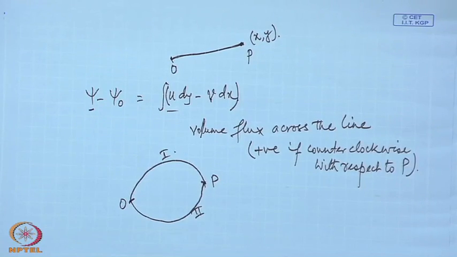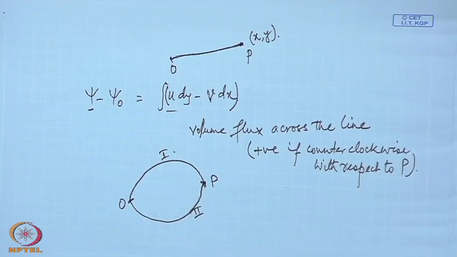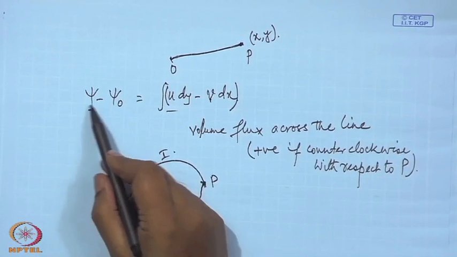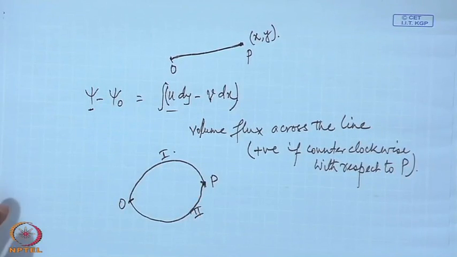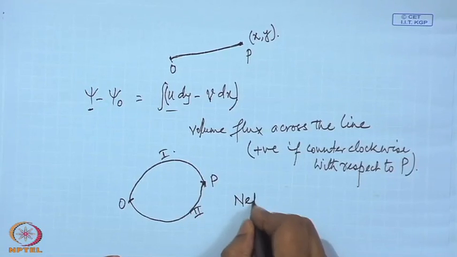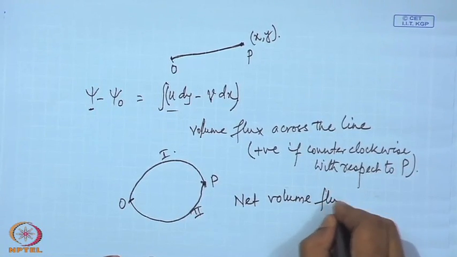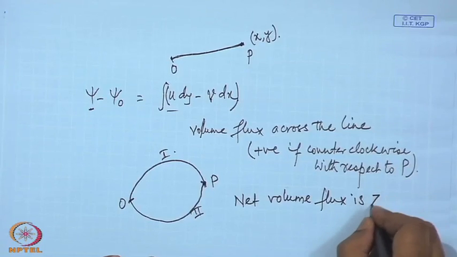If the enclosed region is filled with incompressible flow, then this psi has a single value at the point P, or this is a point function. So, this net volume flux is 0.